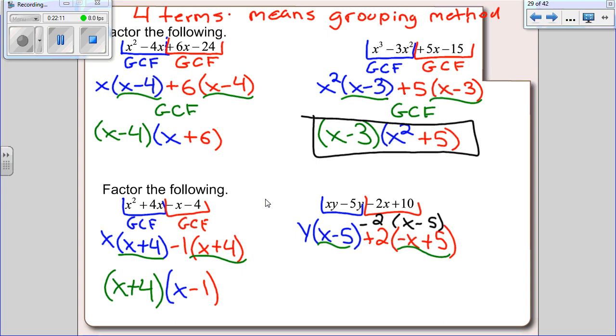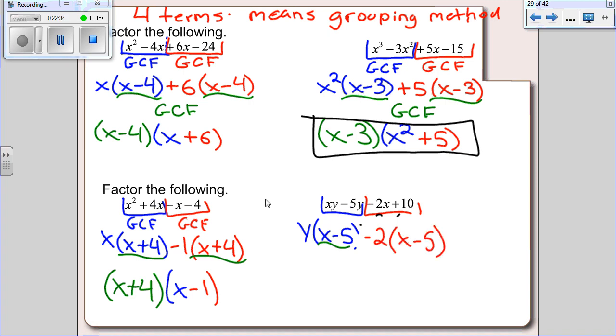That means instead of positive 2, I would have the black numbers here. I'm going to change this to match up what I actually want now. So I should have taken out a negative 2. That gives me x minus 5. Now that I've taken out the proper number, I have the proper thing inside the brackets of both the red side and the blue side.